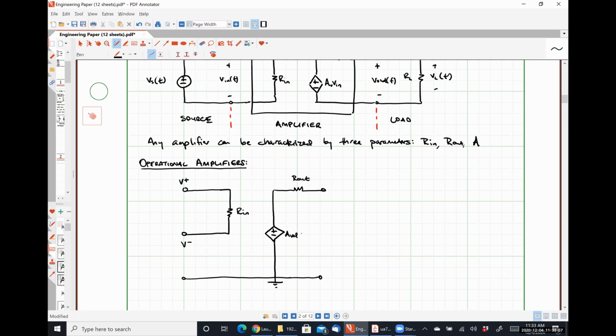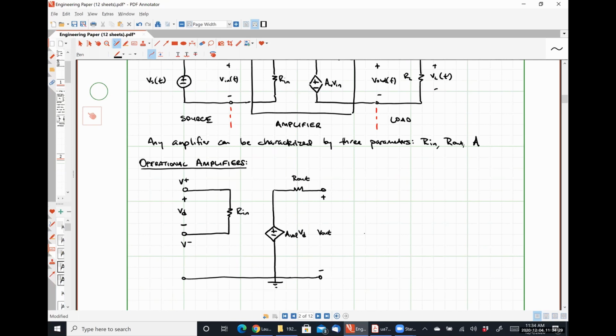And this is multiplied by VD, the differential input voltage, which is always the voltage present at the non-inverting input terminal minus the voltage present at the inverting input terminal. So let's define VD here. And then the potential difference between my output terminal and ground is my output voltage.